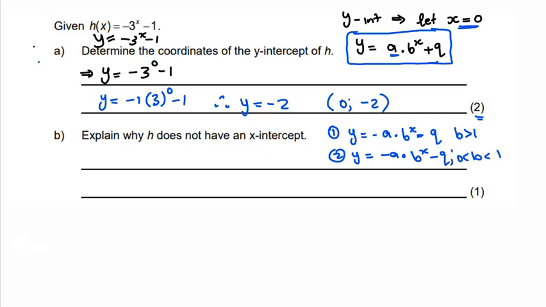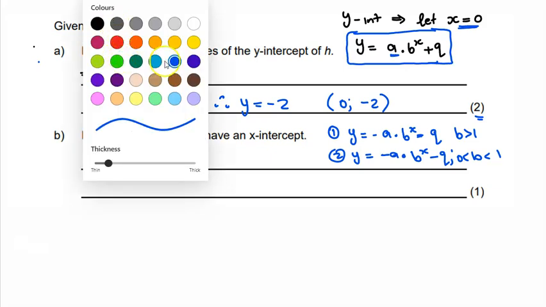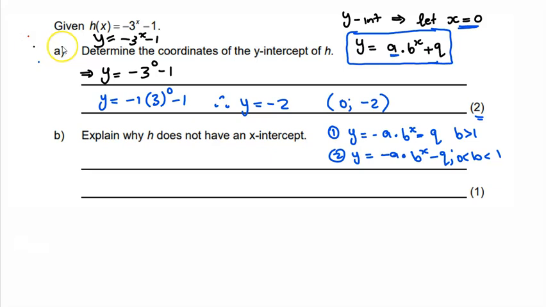So if you have one of these graphs, just know that your graph won't have the x-intercept. If your graph is in this form, look at this graph. It's minus a, this graph, the given graph h(x). h(x) equals minus, inside the bracket, 1, times the value of b, which is 3 to the power x, then we minus the value of q, which is 1.